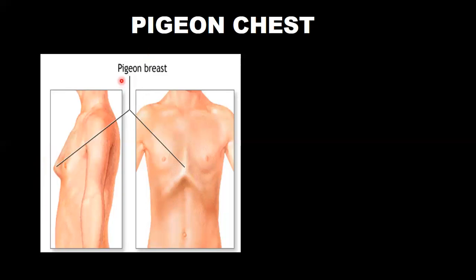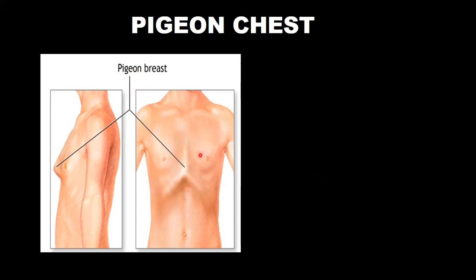The things you need to remember in the pigeon chest is that it looks like the keel of a boat. It is very common in patients with rickets, and it is also known as rickets rosary. So this you need to remember for the pigeon chest. Another anomaly is the funnel chest.